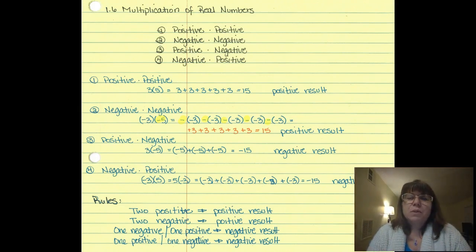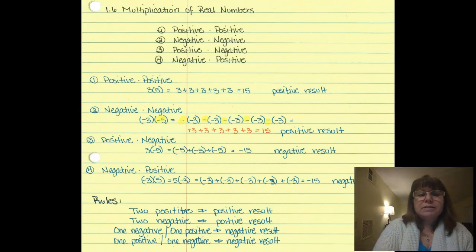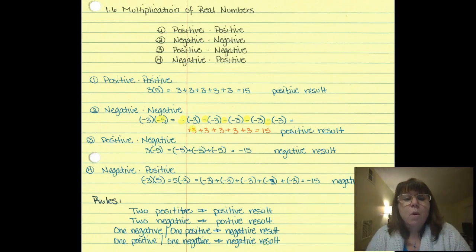But negative negative 3, another way of saying that, is the opposite of negative 3, and the opposite of negative 3 is positive 3. Therefore it really is positive 3 plus positive 3 plus positive 3, and so on. So my result is 15, but more importantly for this exercise, my result is positive. So a negative times a negative will multiply to a positive.